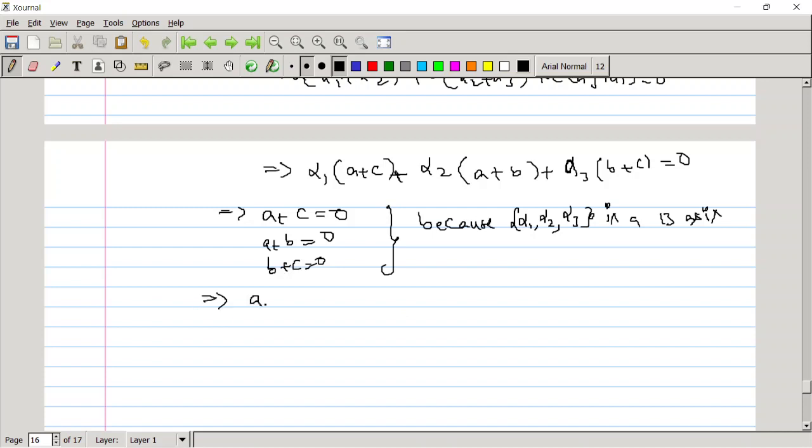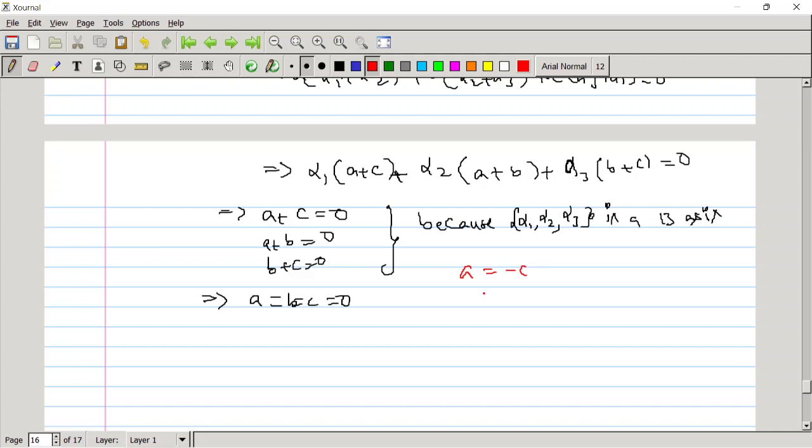From this we can say a equal to minus c. What we can conclude is a equal to b equal to c equal to 0. Let me explain this. From the first equation we have a equal to minus c.